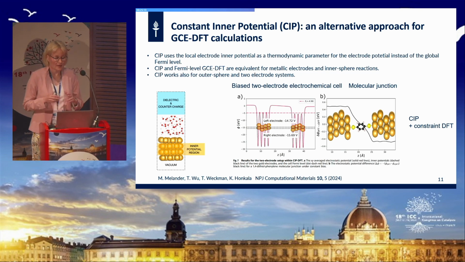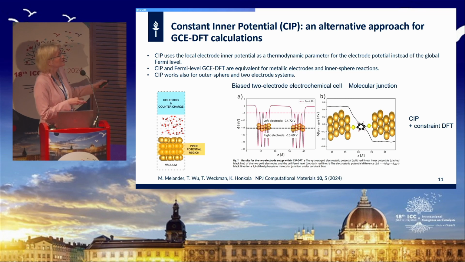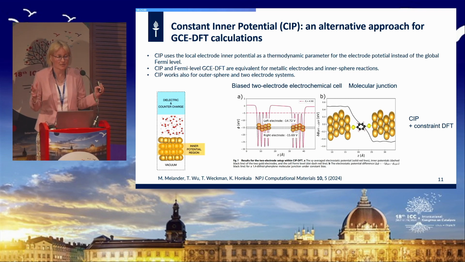So the Fermi level approach, it's not the Fermi level of the left or right electrode, it's the Fermi level of the system. So this Fermi level-based constant potential DFT calculation cannot calculate the potential difference between the two electrodes.